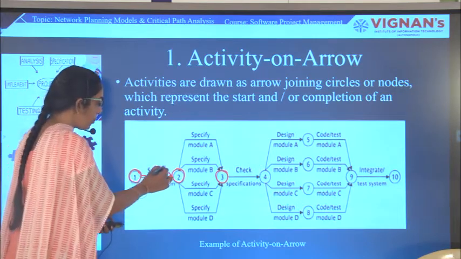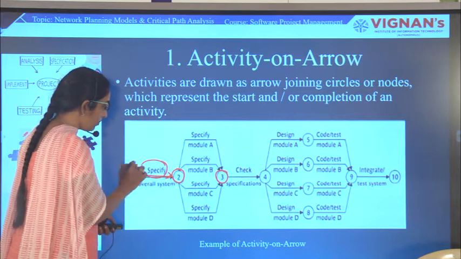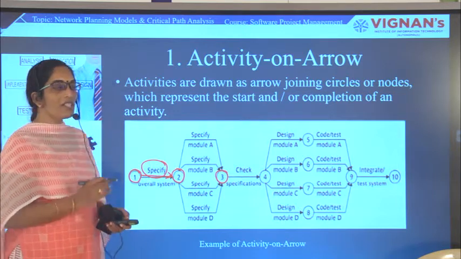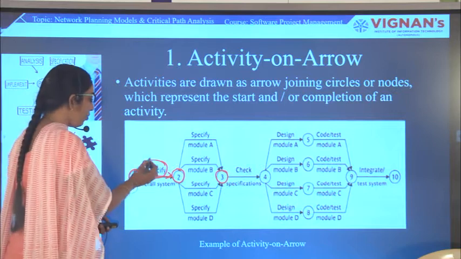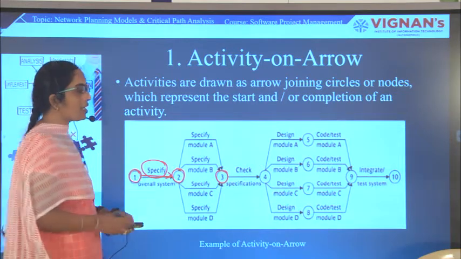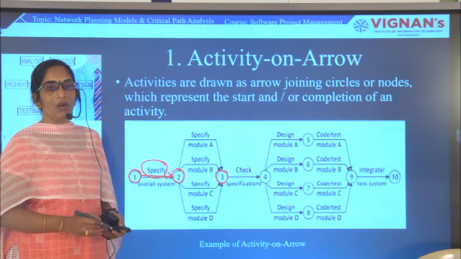Here, specify overall system is an activity which is specified on the arrow. That's why this type of model is called activity on arrow.